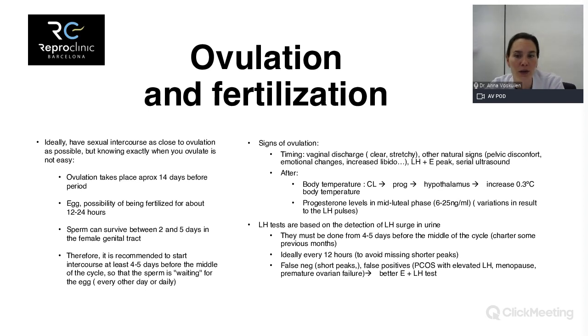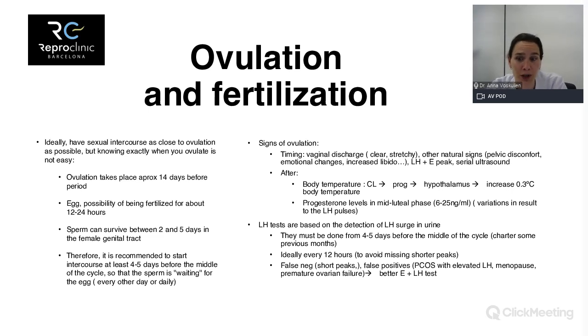Okay. And also in menopause, in premature ovarian failure, we could have a positive LH test during all the days. Why? Because, as I said, FSH and actually also LH are like the fuel of the ovaries. And if the ovaries are not working at all, like in menopause or premature ovarian failure, our central nervous system will give more fuel.